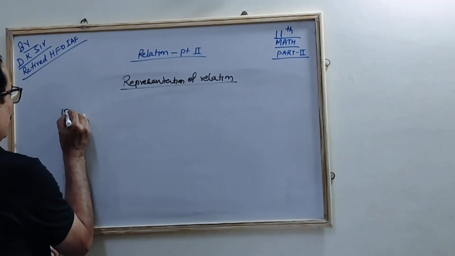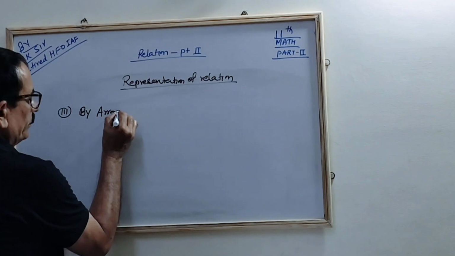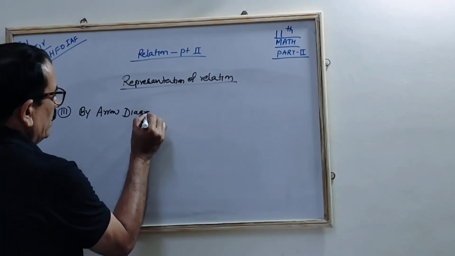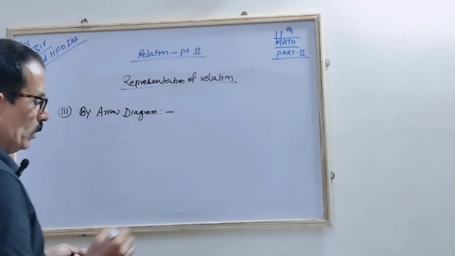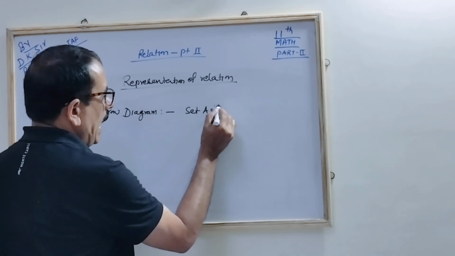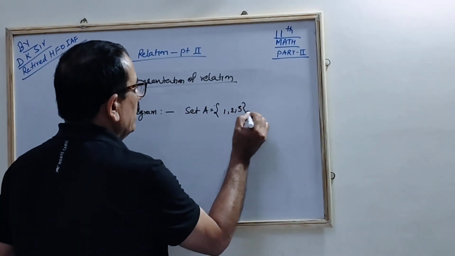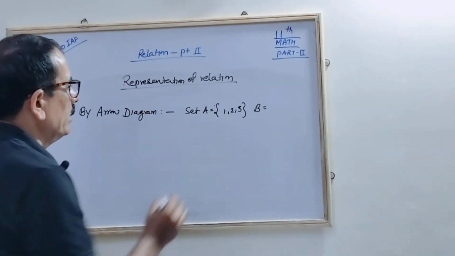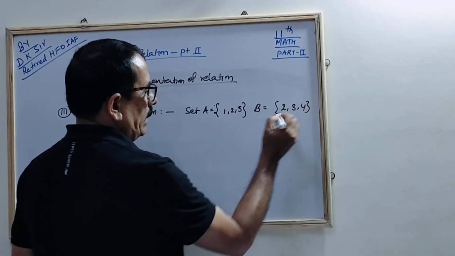The third way of writing the relation is by arrow diagram. In this, suppose we have the example set A. The set A has the elements 1, 2 and 3. We have another set B. The set B has the elements 2, 3 and 4, correct?